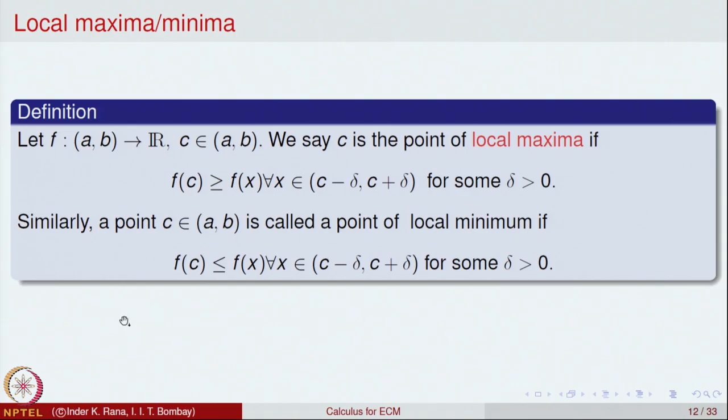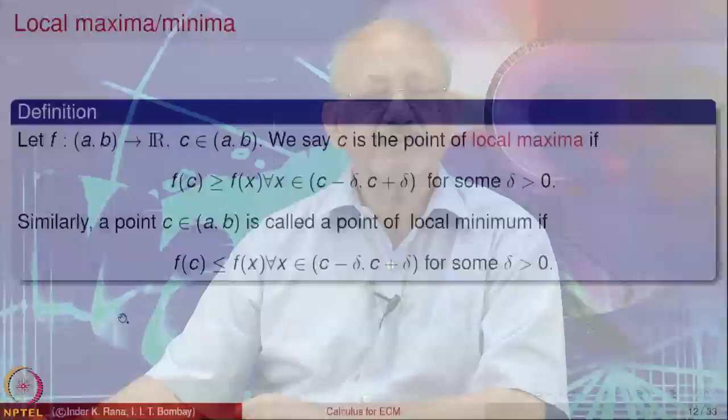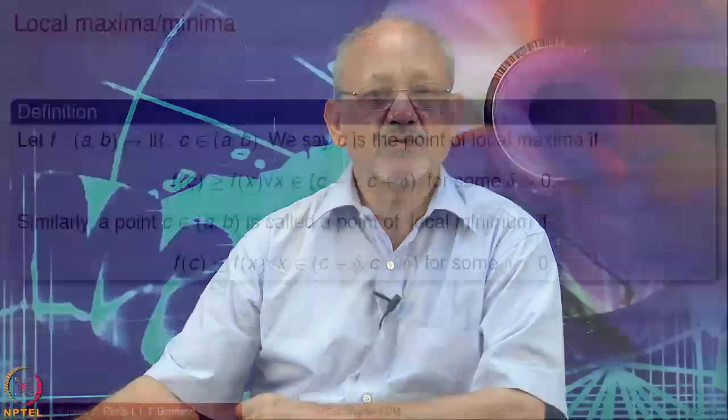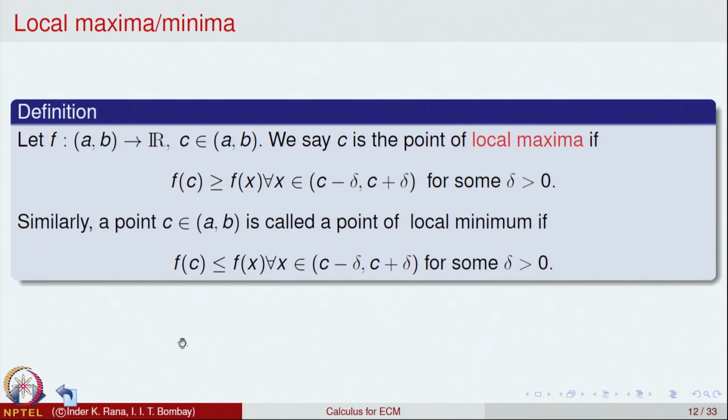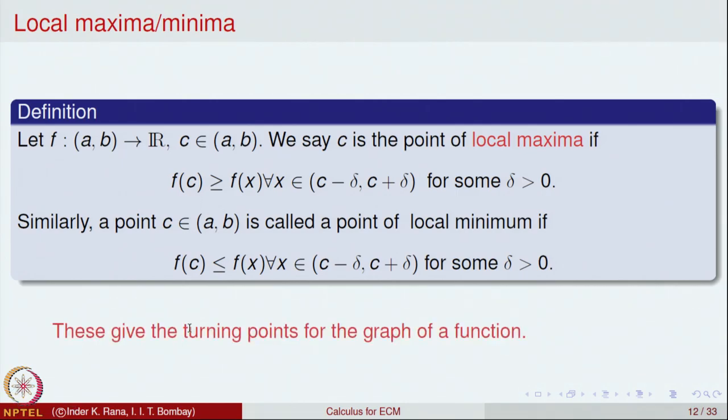So, what we want to do is find the criteria in terms of the derivative of the function, which will help us to analyze whether the point c is a point of local maximum or local minimum. You can call these the turning points for the graph of the function, because if you look at the picture, the graph will look as follows.